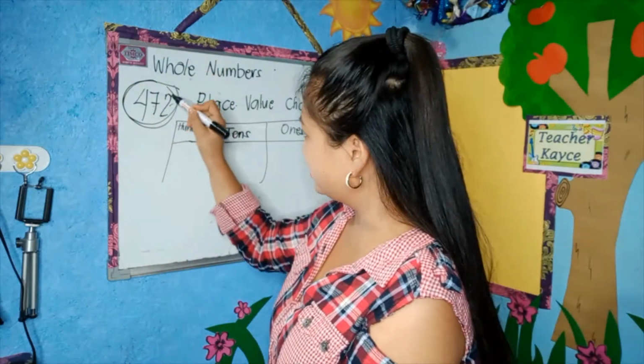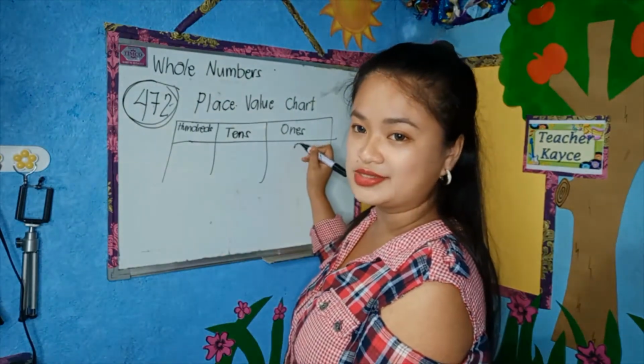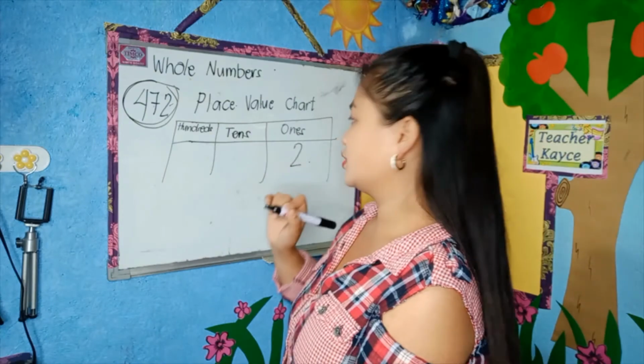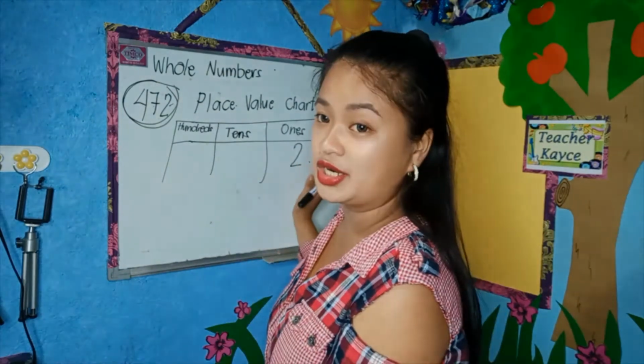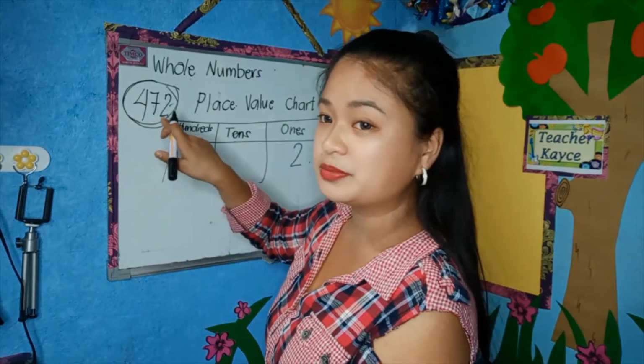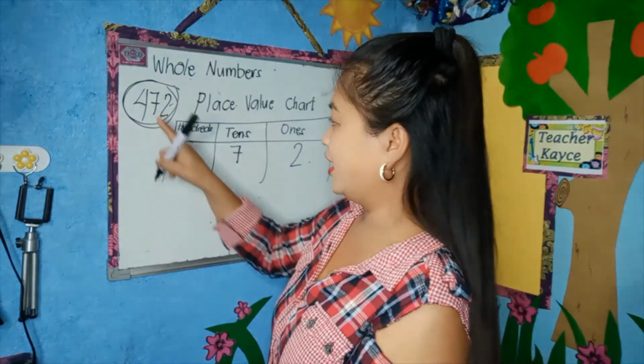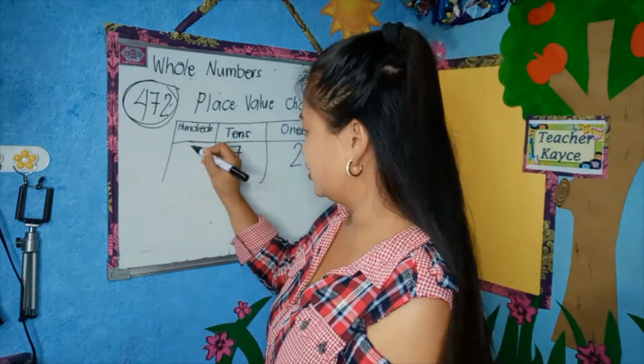We are going to place these whole numbers in your table. The first number, we are going to place in your ones. So 2 serves as your ones. How about this one? You're going to place 7 in your tens. And the last number in your hundreds.